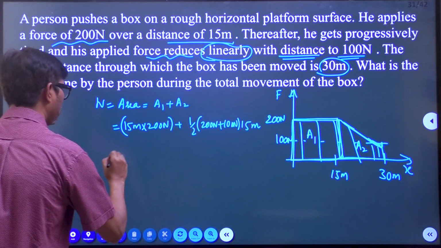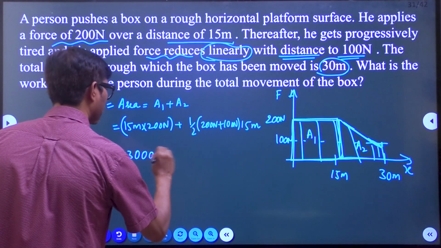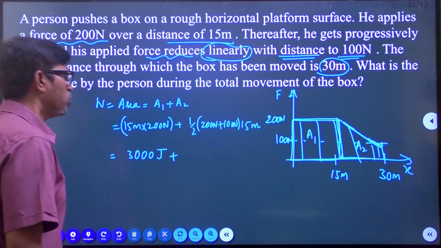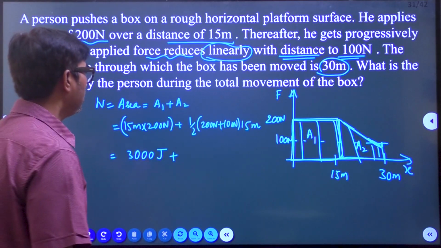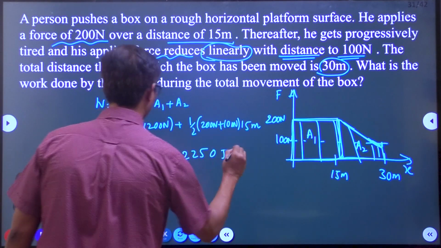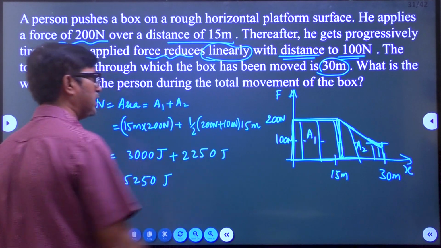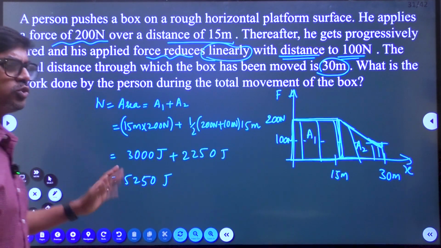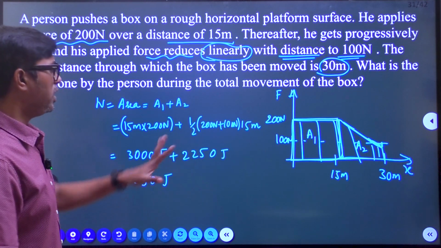So 100 plus 200, 300 divided by 2, 150. 15 15s are 225, 2250. So you will get 5250. That is going to be the answer there. I'm supposed to leave the calculation for you, but because it's simple, I've done it. Anyway, the idea is area.